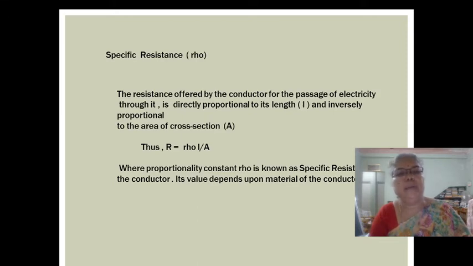You all know that the resistance offered by any conductor for the passage of electricity through it is directly proportional to its length L and inversely proportional to the area of cross section A. Thus, resistance R equals rho into L by A, where L is the length of the conductor, A is the cross-sectional area, and rho is the proportionality constant, known as specific resistance.